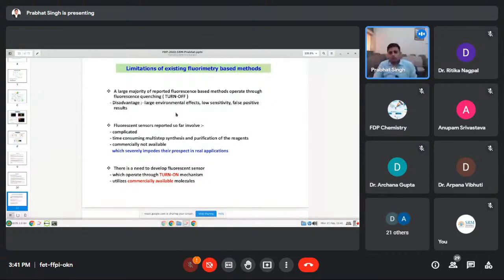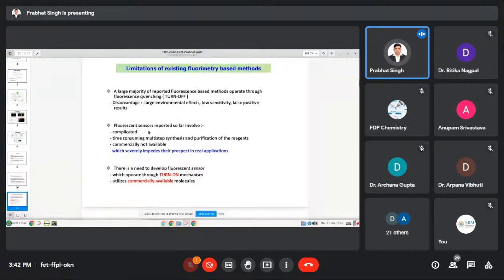What I'm trying to say is that reduction in a signal can happen for many reasons, but turn on is very difficult to get. You often do not get a turn on system by accident. If you do something as casual as putting a molecule in the solution which has not dissolved, and then with time it is dissolving and you are seeing an increase, that's a complete artifact. But I believe that when you are doing research, you are always taking care of those parameters. So this is one disadvantage with the turn off methods in general.